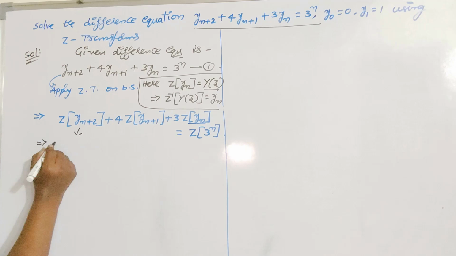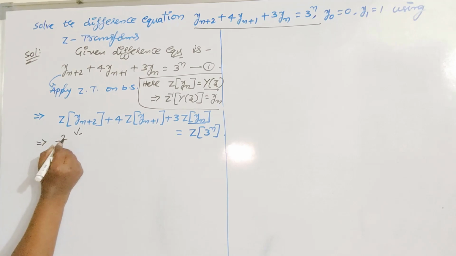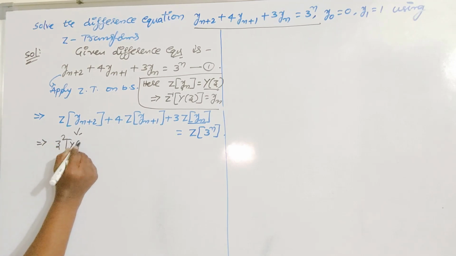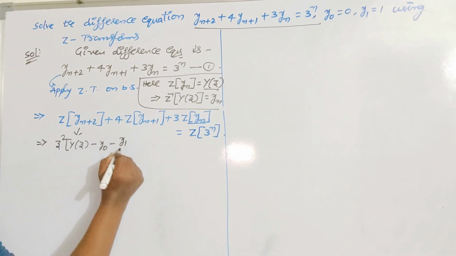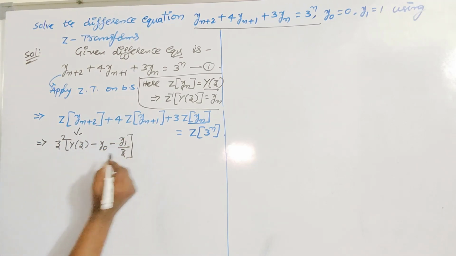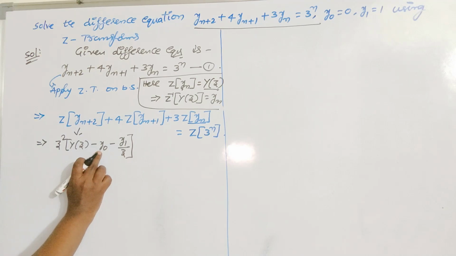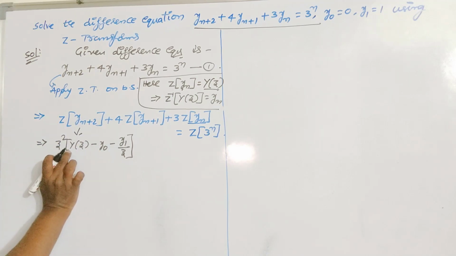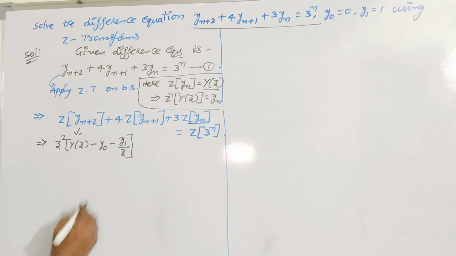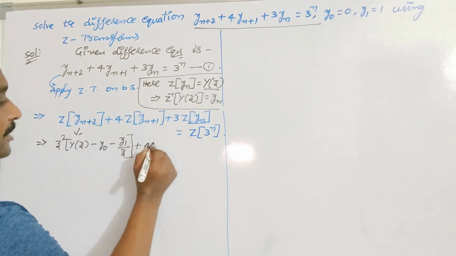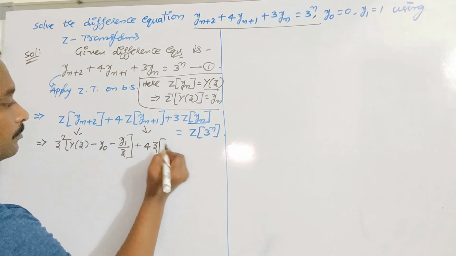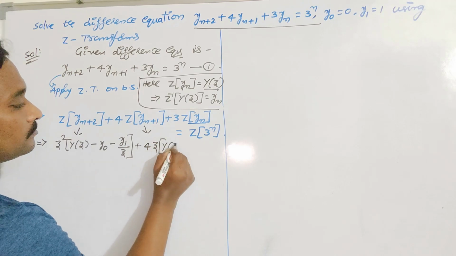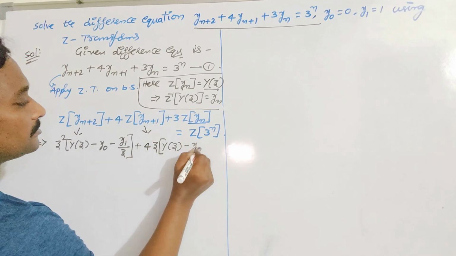What is the formula for this one? By using shifting properties, it is z square into y of z minus y0 minus y1 by z. Just instead of small u, I am using small y, and instead of capital U, I am using capital Y of z. Very simple. Plus 4 into, what is the Z transform of y(n+1)? Small z into y of z minus y0.